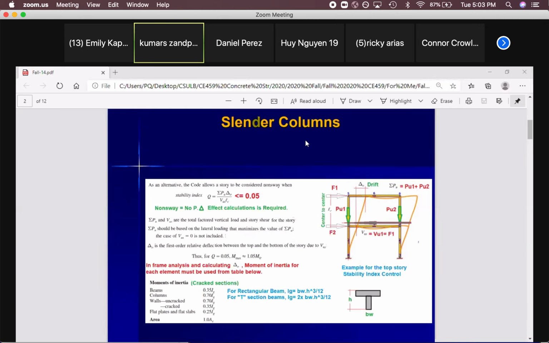But the problem is, okay, how can we calculate the loading for a slender column? How much can it tolerate?